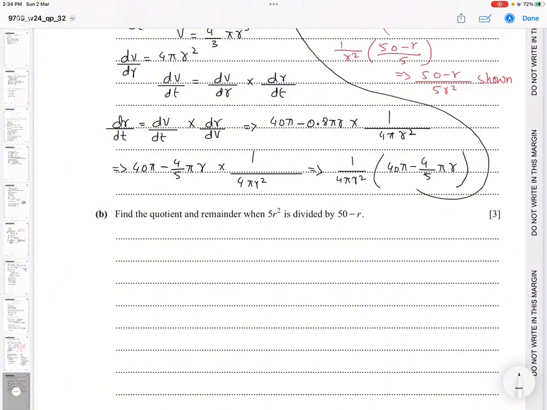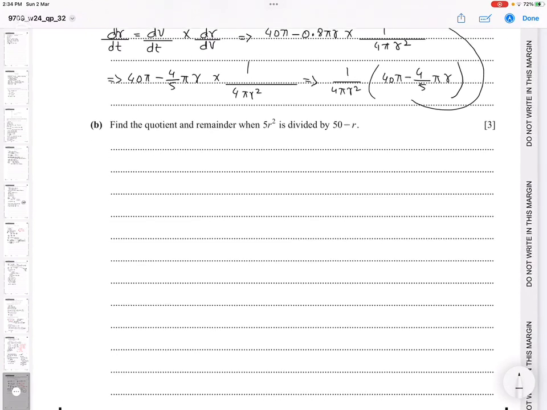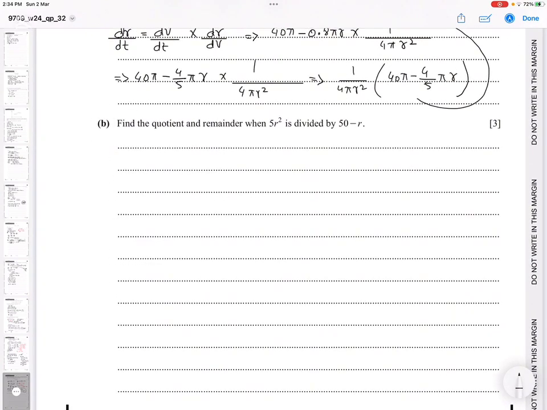In B part, find the quotient and remainder when 5r square is divided by 50 minus r. So 5r square divided by 50 minus r.